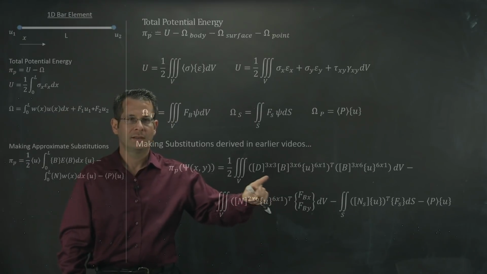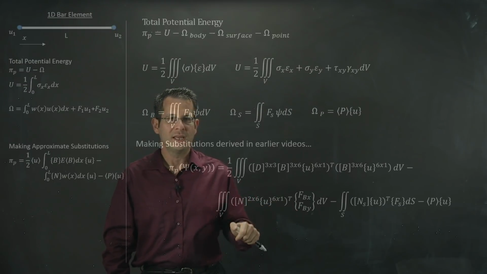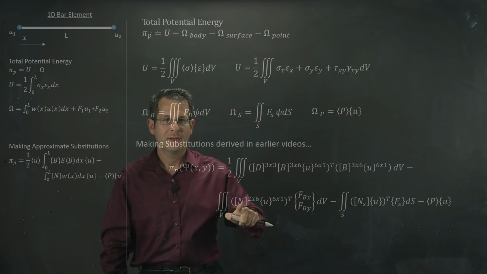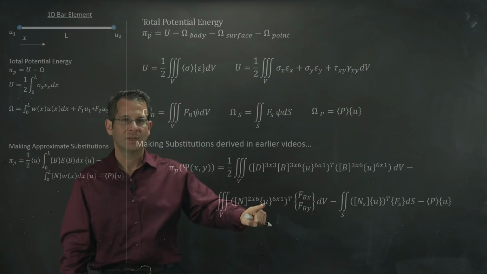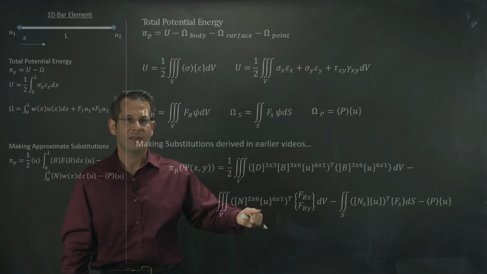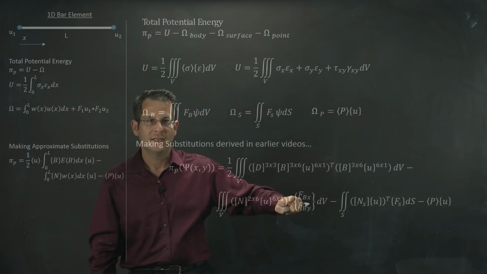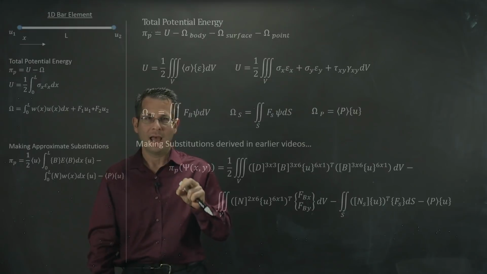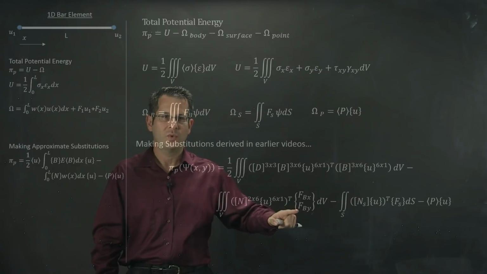Again, my body forces will be my shape matrix, which is a 2 by 6, multiplied by my displacement vector, a 6 by 1. I'm going to need to dot product this by my body forces applied at an individual point in the x direction and the y direction.